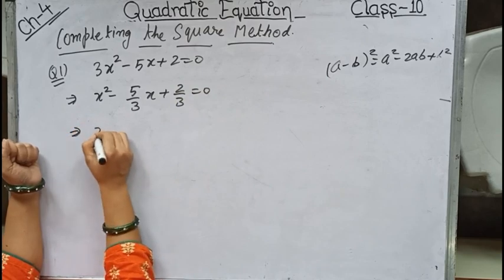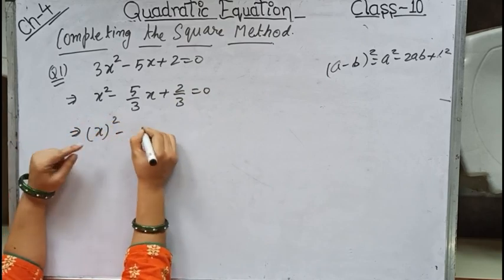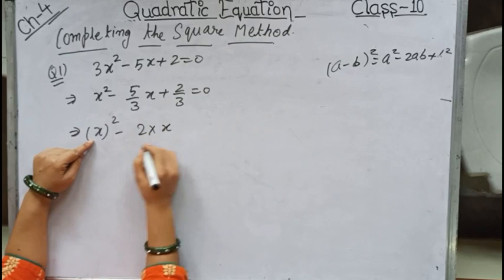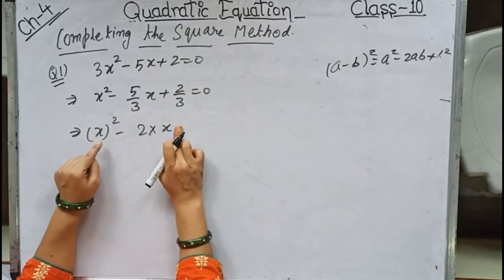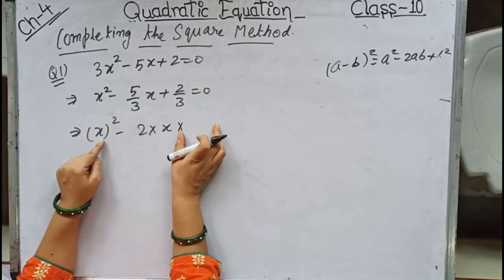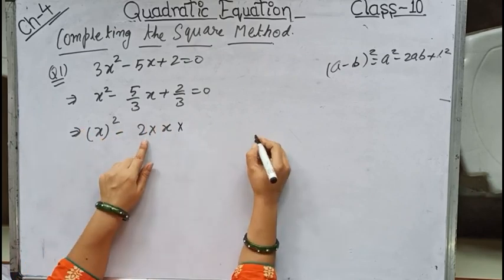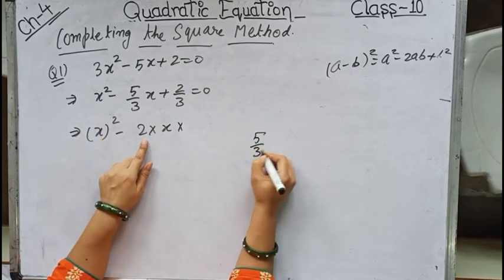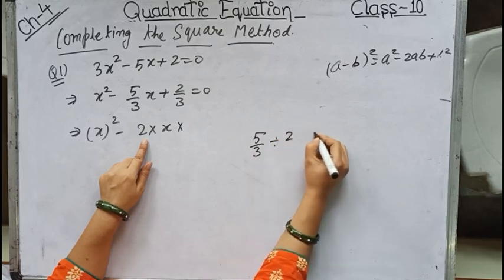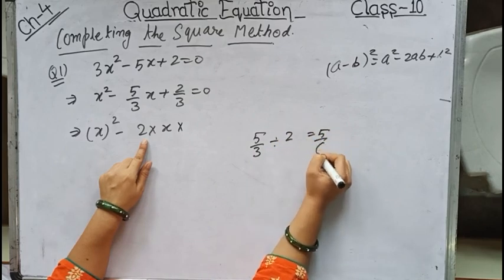Now this implies x whole square minus 2 into x into, what should I write as the second term to get 5 by 3x? We will do 5 by 3 divided by 2. So this will be equal to 5 by 6.